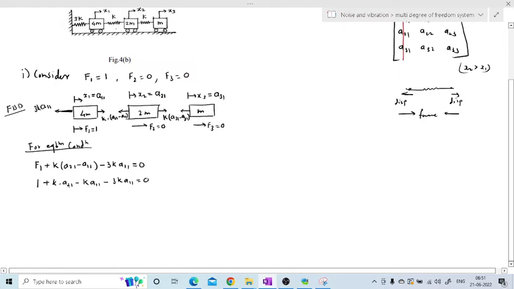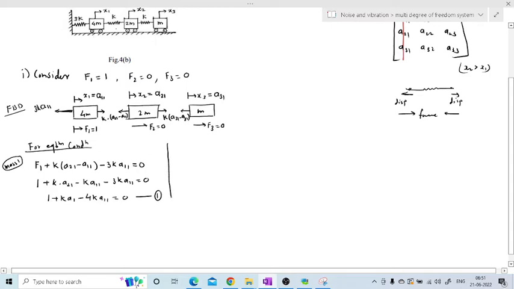Now here we have A11 term, okay, so minus K minus 3K, so it will become minus 4K A11 equal to 0. So I'll note this equation as 1. Okay, so whatever I have written here is for mass 1.